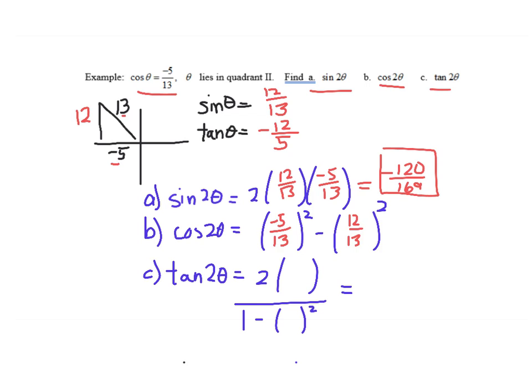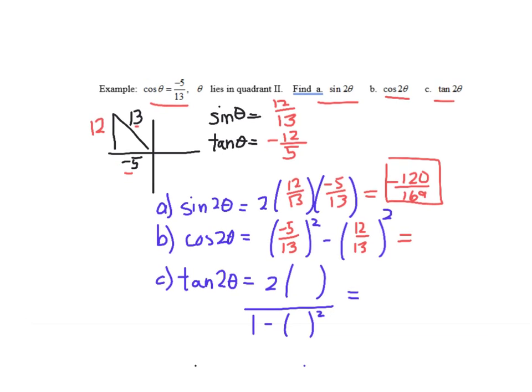So be careful. Watch your parentheses if you're using your calculators. And this turns out to be negative 119 over 169. You can check your math. Make sure you're doing all these by yourself so that you check that you're doing the math correctly. And then the tangent of 2 theta is 2 times negative 12 over 5.